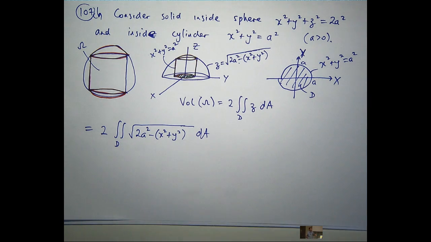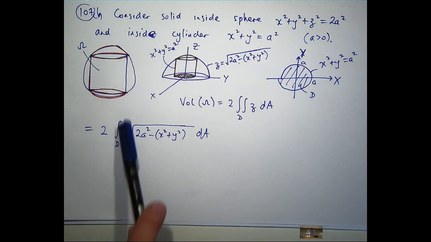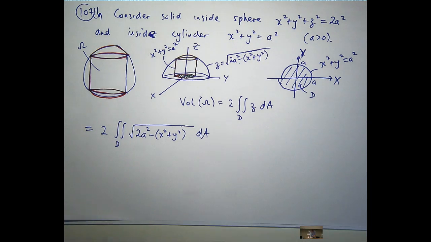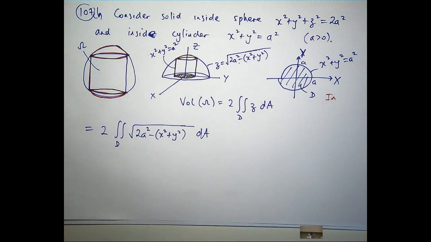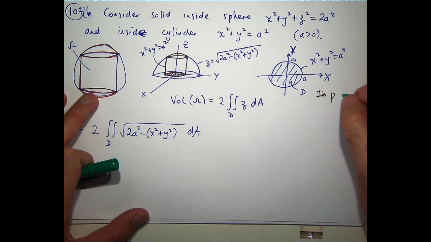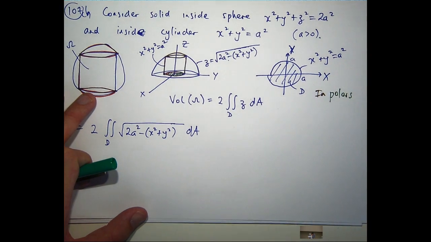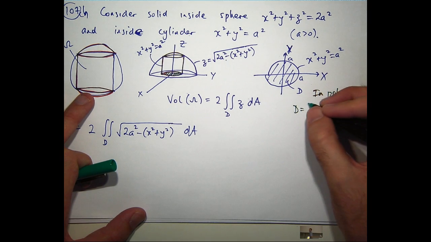Okay? So we're going to change the dA to an r dr d theta, and I'm going to put my limits of integration in with respect to polars. So what is D described in polar coordinates? Anyone want to have a crack at it? So in polars, what's D?